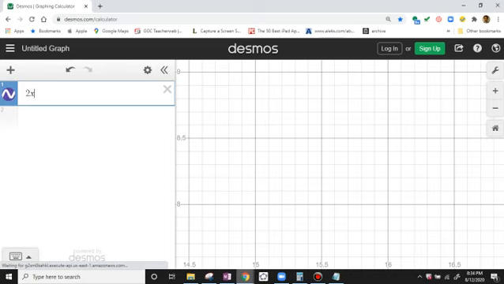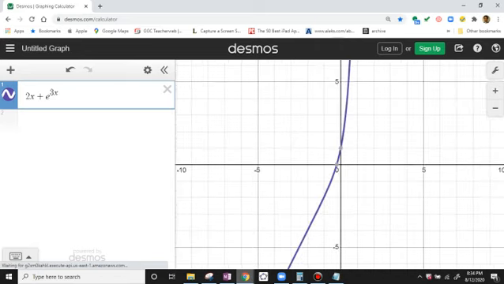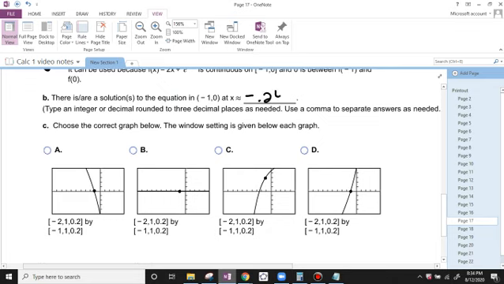Then we could do negative 1 to 0, but it's here, right? Negative 0.242, to three decimal places.